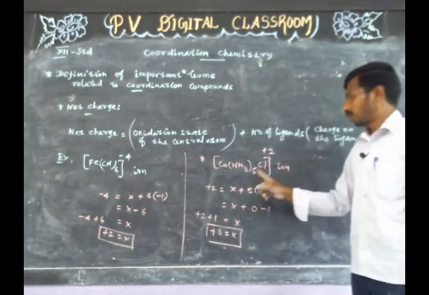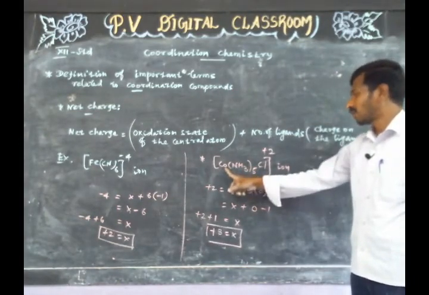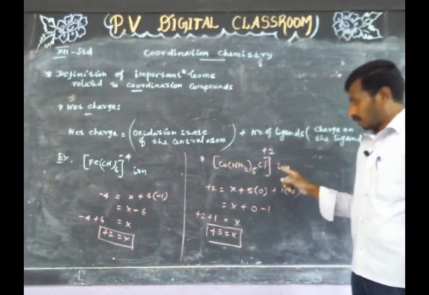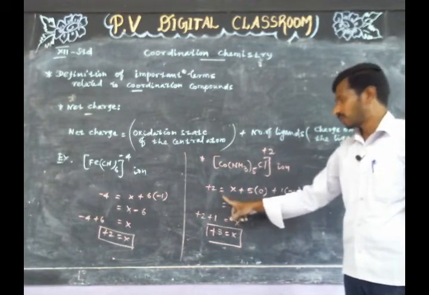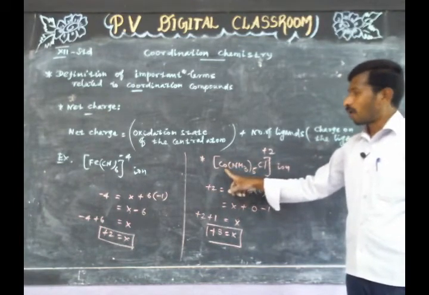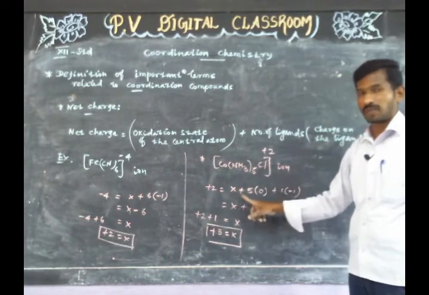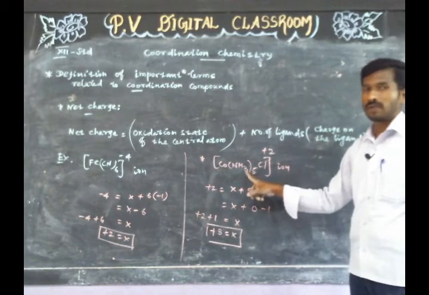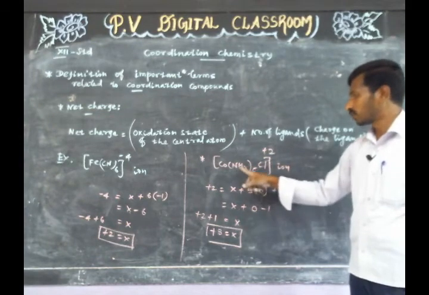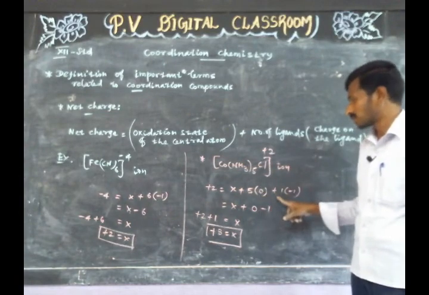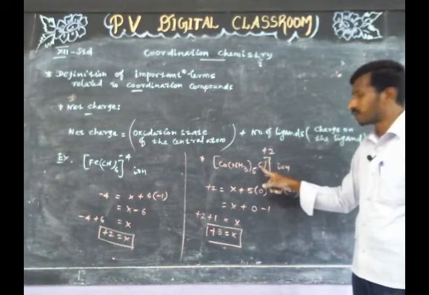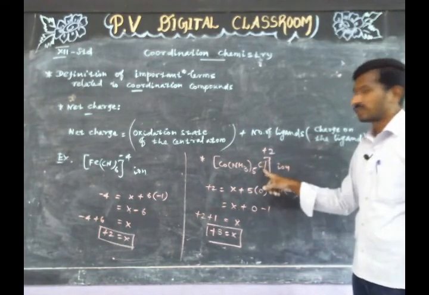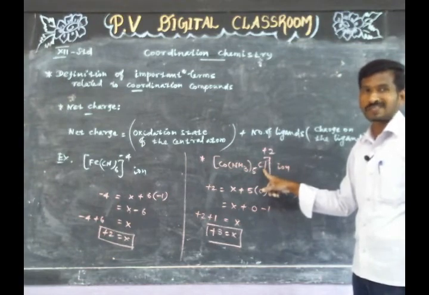Another example, pentaamminechloridocobalt(III) ion. In this compound, the net charge on the complex is +2, which is equal to the unknown oxidation state of the central atom, X, plus the number of ligands, in this case 5, times the charge on the ligand, which is 0, since ammonia is a neutral molecule, plus the number of ligands, in this case 1, with charge -1, since it is a negative ligand, that is the Cl- ion.